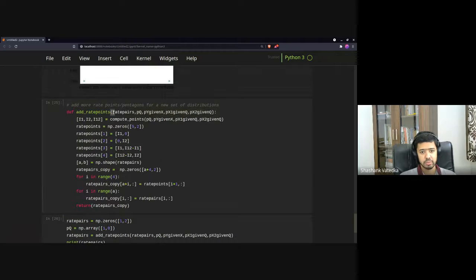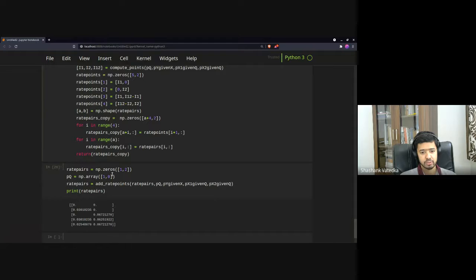So I'm given a particular array of points, and I'm just adding those points to the array. Okay, so I've done this for one particular PQ. Let me do it for another PQ.